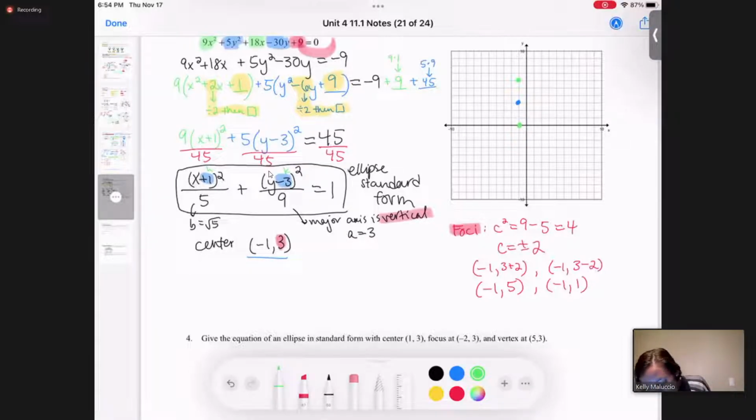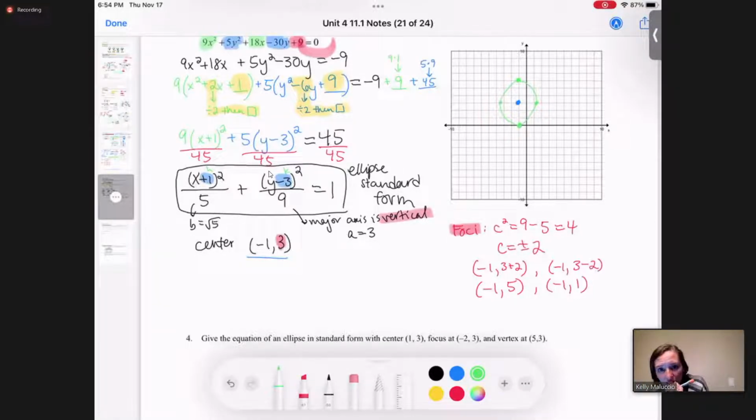And then if I go square root of 5, this is where it's not going to get perfect because square root of 5 is 2 point something, so I just estimate. So here is my ellipse.